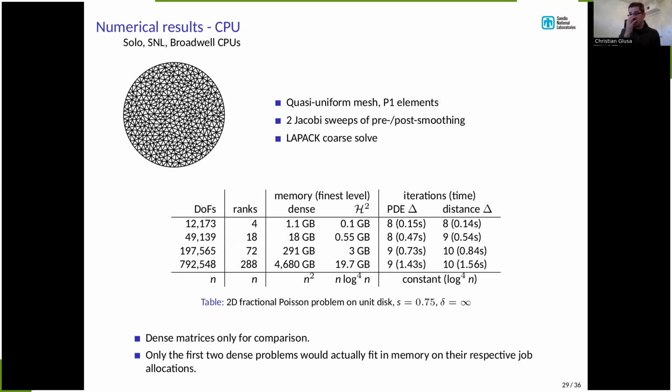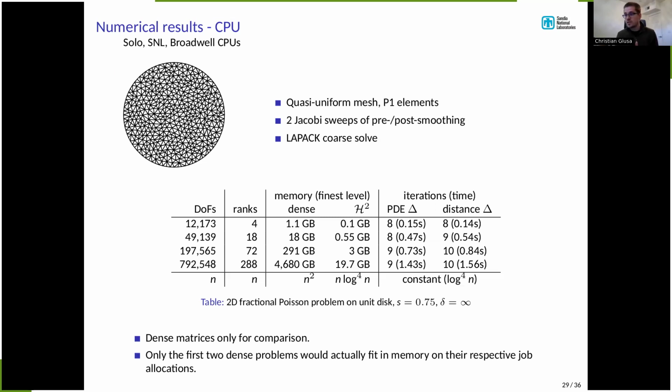All right, so the first example is again my 2D disk, and what I'm showing is a weak scaling. Using algebraic multigrid, we increase the number of MPI ranks proportional to the problem size.